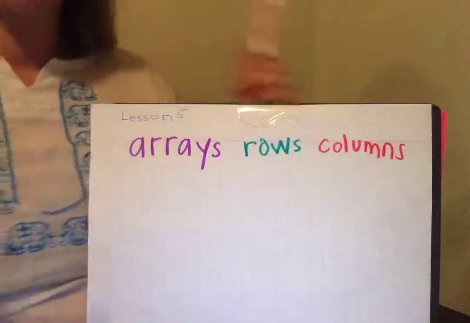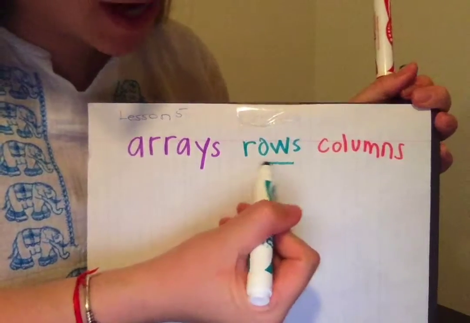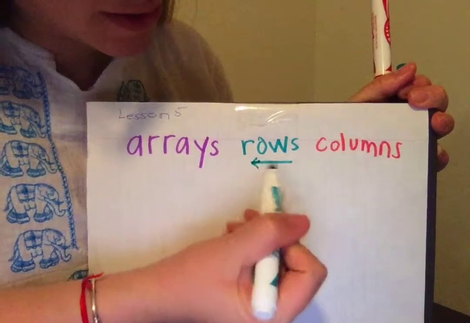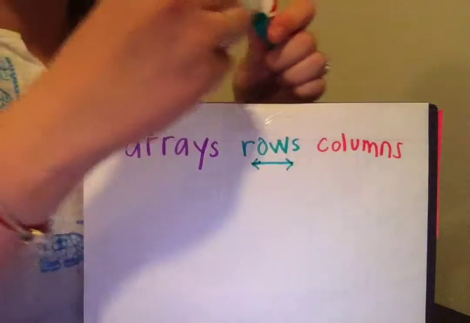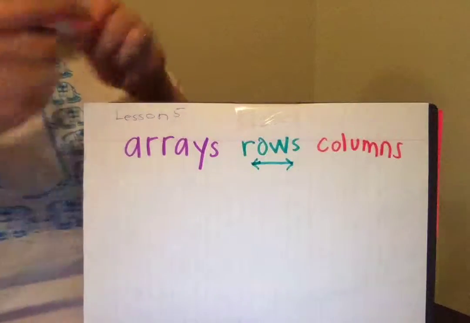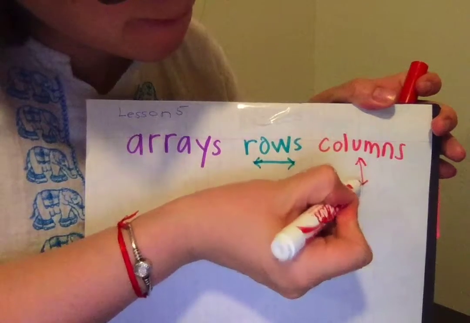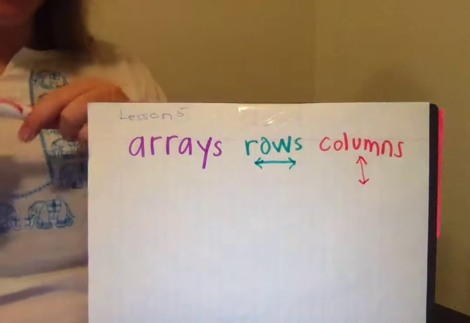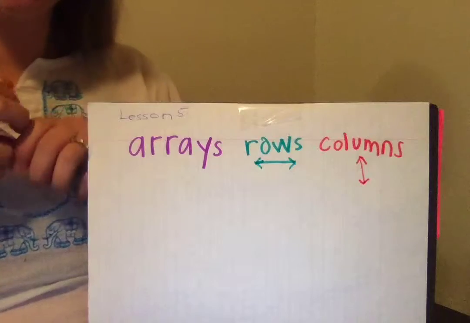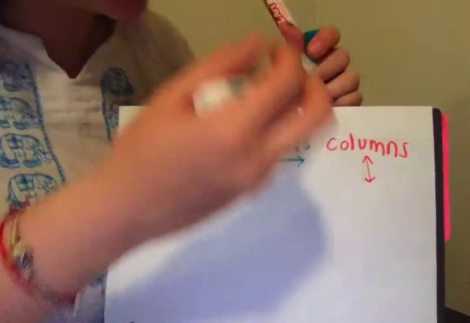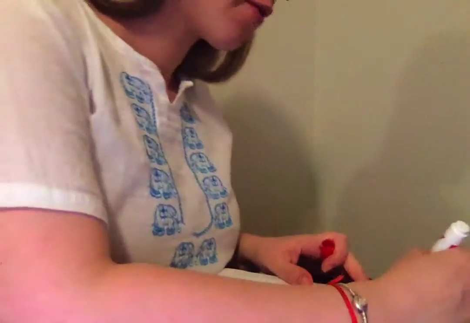Rows go sideways from side to side, and columns go up and down. Okay? That makes sense? And sometimes you'll have an R for rows instead of writing the whole word, or a C for columns.